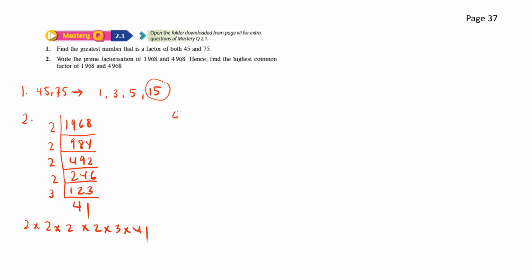So for 4968, we have divided by 2 again. So we'll have 2484. 1242 again, by dividing it by 2 gives us 621.